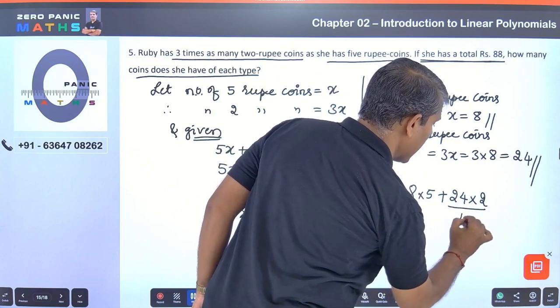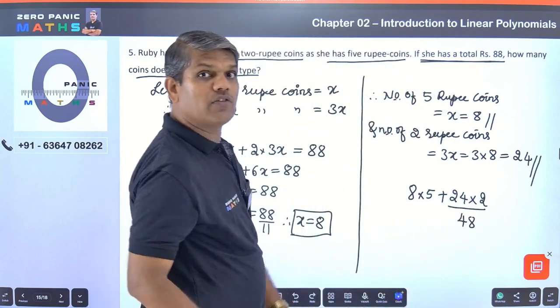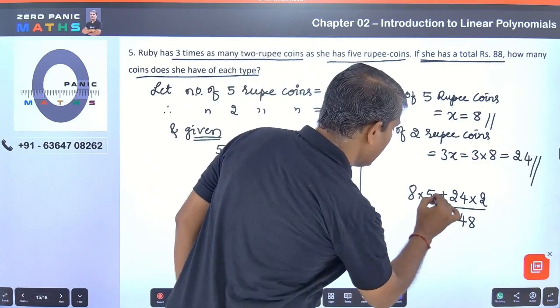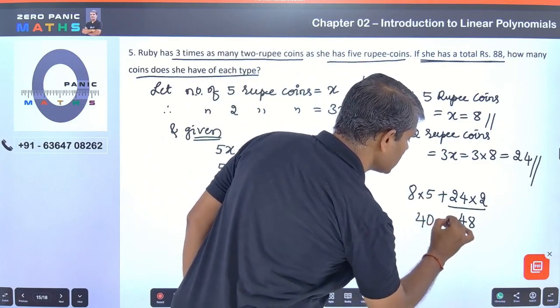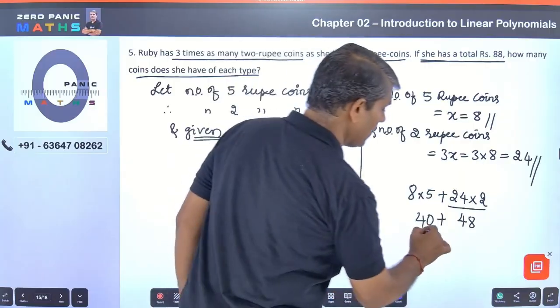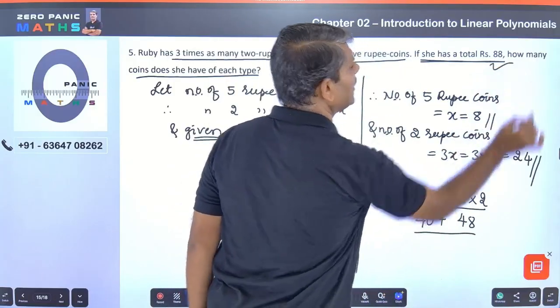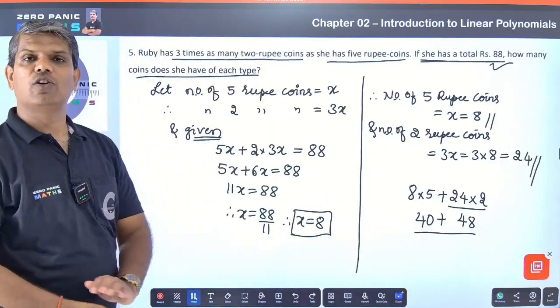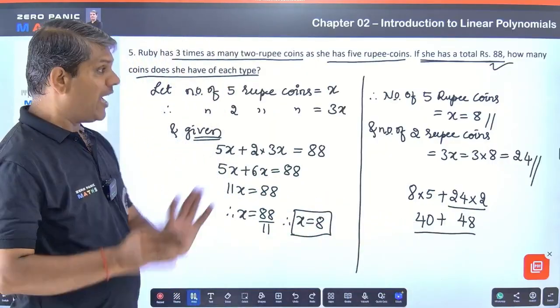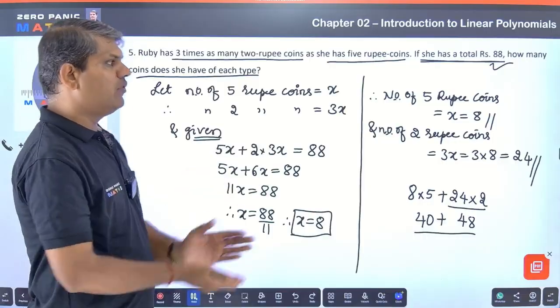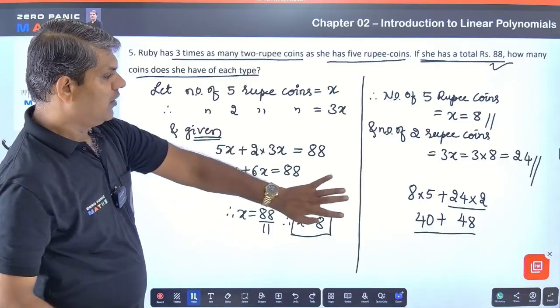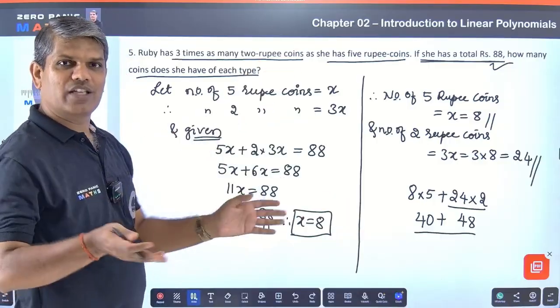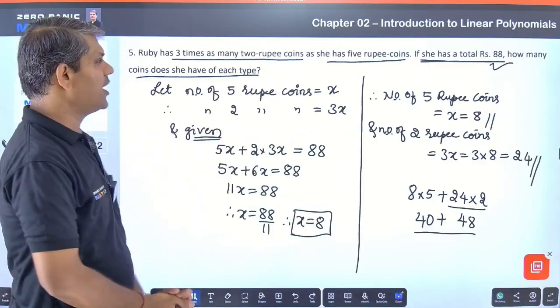So this is actually 48 rupees with 2 rupee coins she has, and 8 5s are 40 she has with 5 rupee coins. So 40 plus 48, that is 88. This is how you verify your answer also. Okay, after solving the problem you have to verify your answer by reverse engineering, you can say that. This is a reverse engineering process.